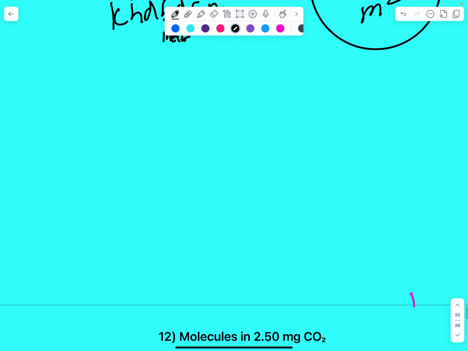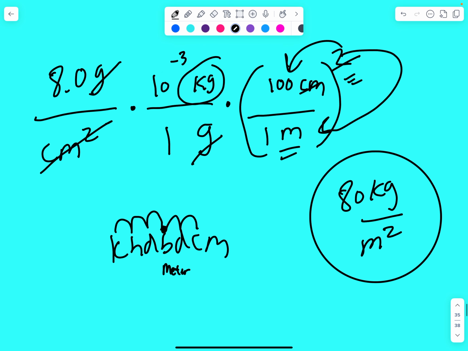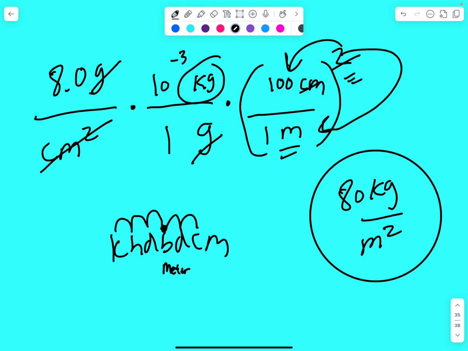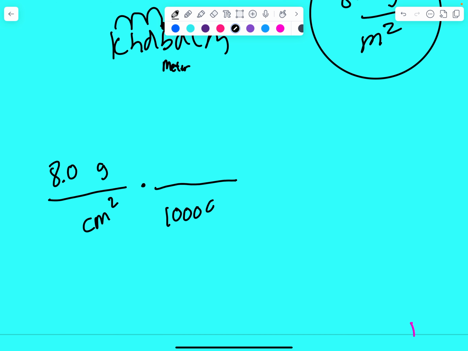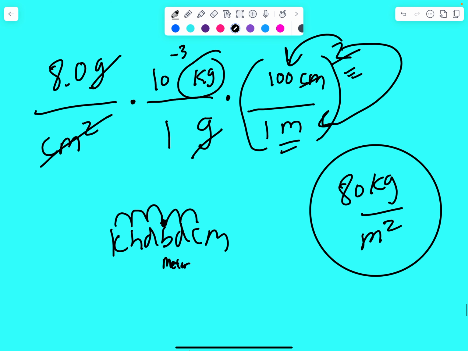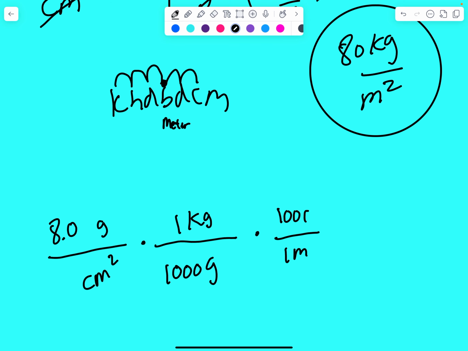Now, let's say you want to try another way. You could have done 8.0 grams all over centimeters cubed. You could also identify 1,000 grams is 1 kilogram. And you could have said, okay, 1 meter, like we did before, is 100 centimeters, and then square that.